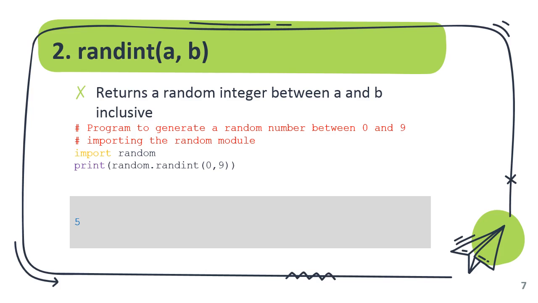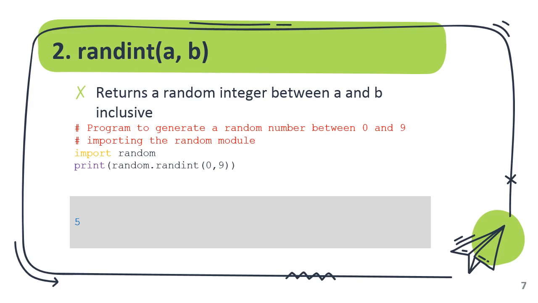First we have to import the random module, then call the randint function using dot notation along with the two parameters 0 and 9. Both 0 and 9 are included in the possible values.